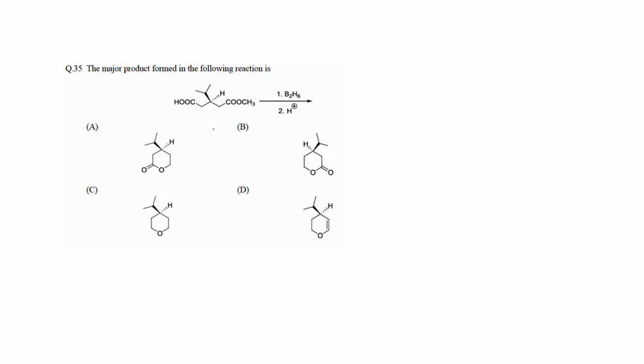So if you add this B2H6, what will happen? B2H6 is specific to the acid group. So it will reduce this CO2H group.